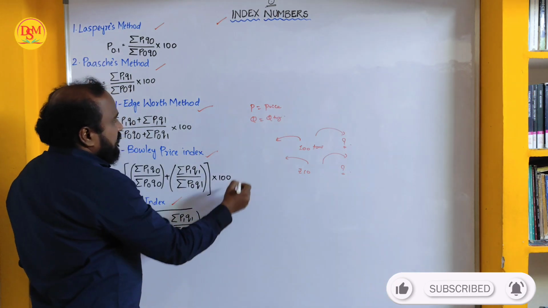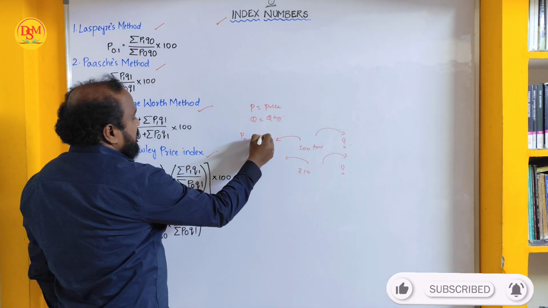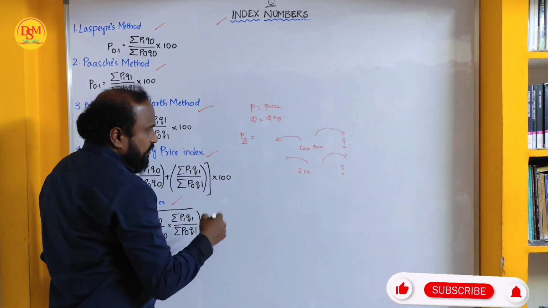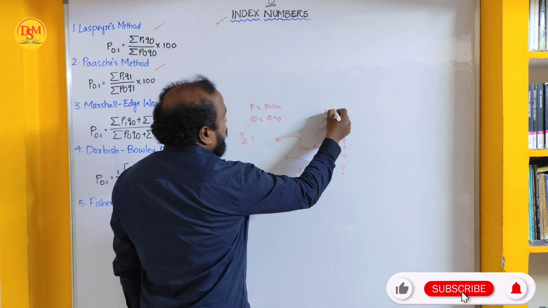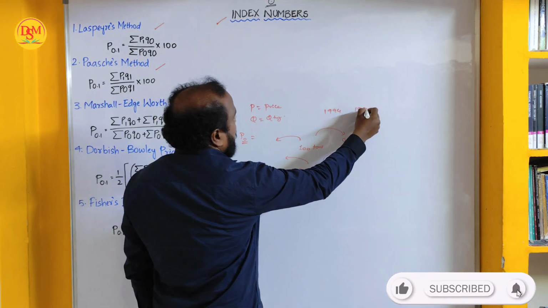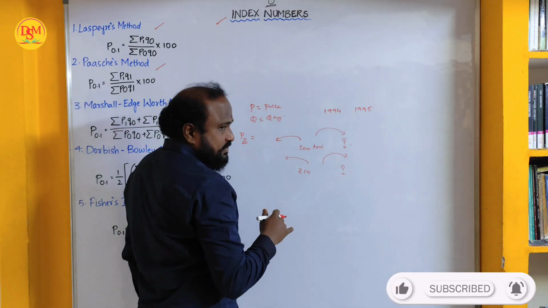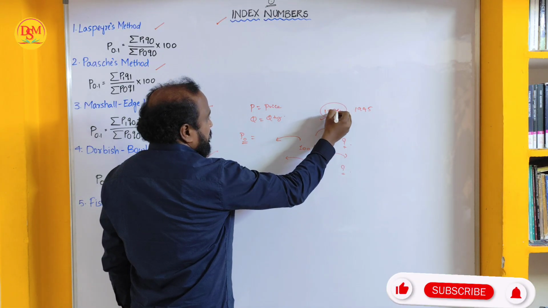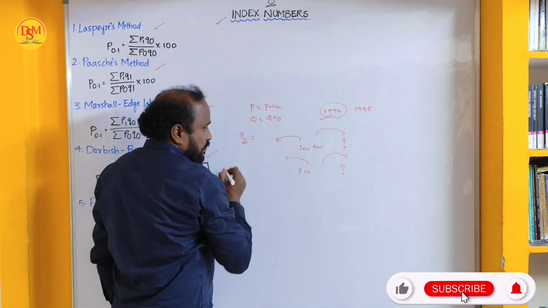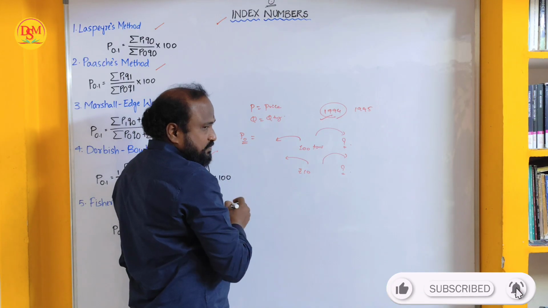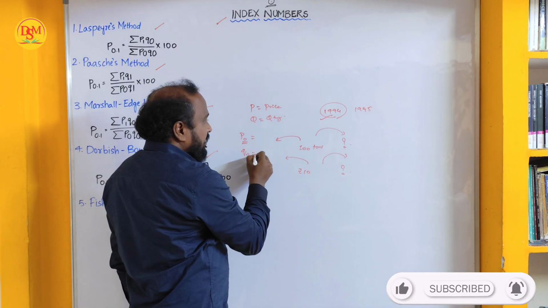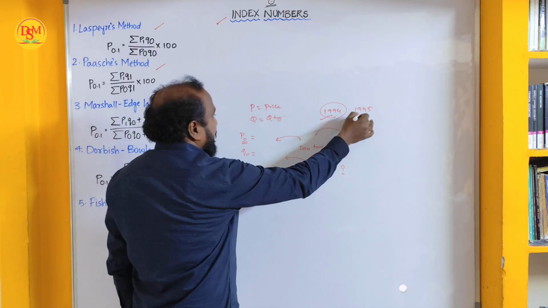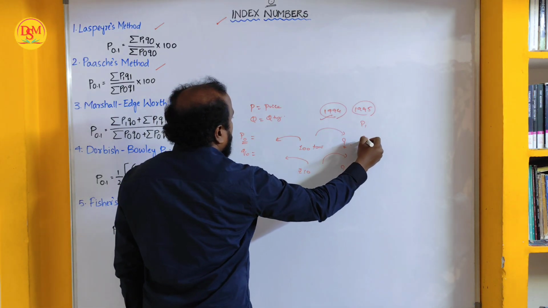P0 stands for the base year. For example, if the data of 1994 and 1995 is given, which year comes first? 1994 comes first, so the year which comes first becomes the base year. The price of that year becomes P0, the quantity of 1994 becomes Q0, and the current year will be P1 and Q1.